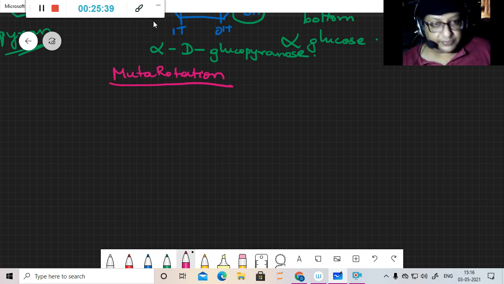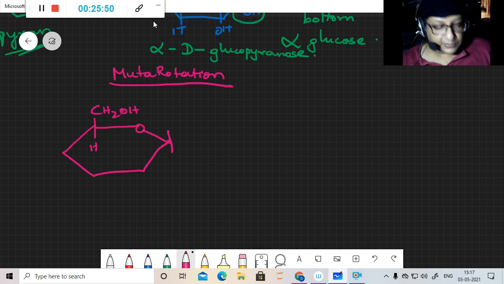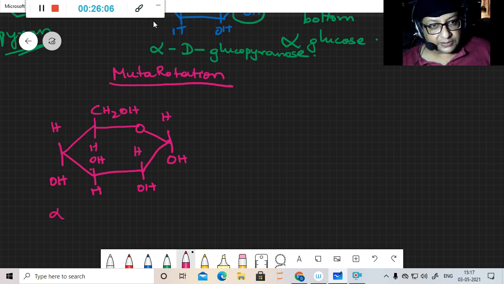So if we draw alpha glucose, the OH is below, OH is above, OH is below. This is alpha glucose.